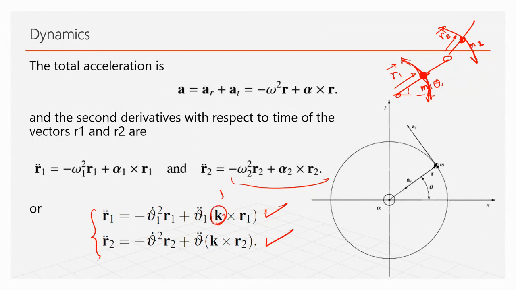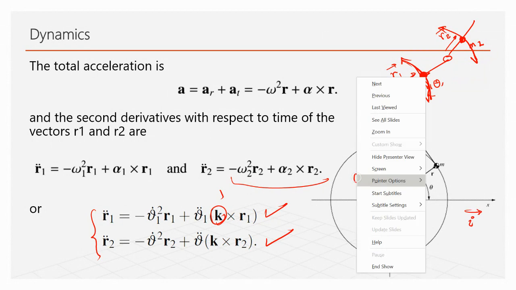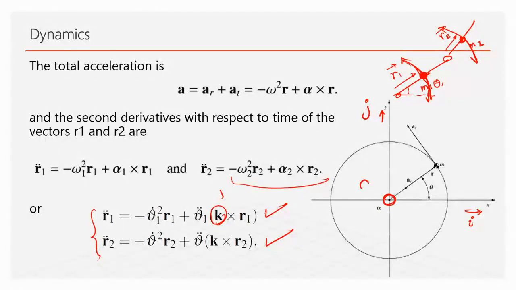And K here is the vector coming out of the plane, so you know that this is I, this is J, and this is K vectors, okay? And we have a cross multiplication to show the direction of this movement.